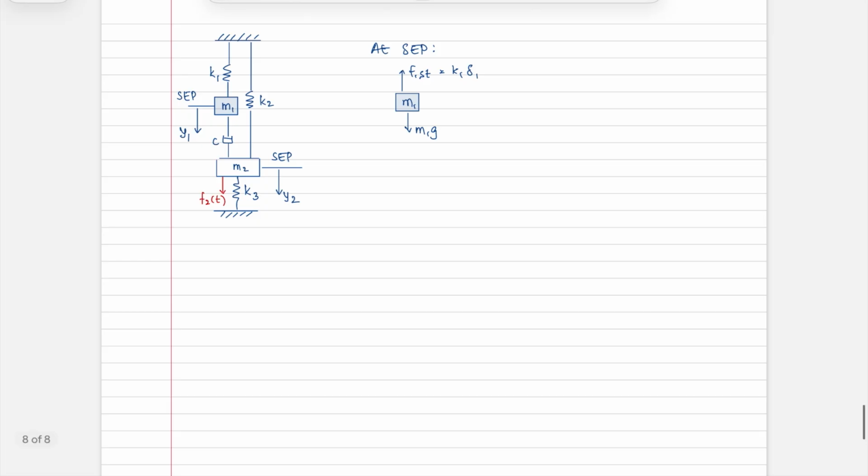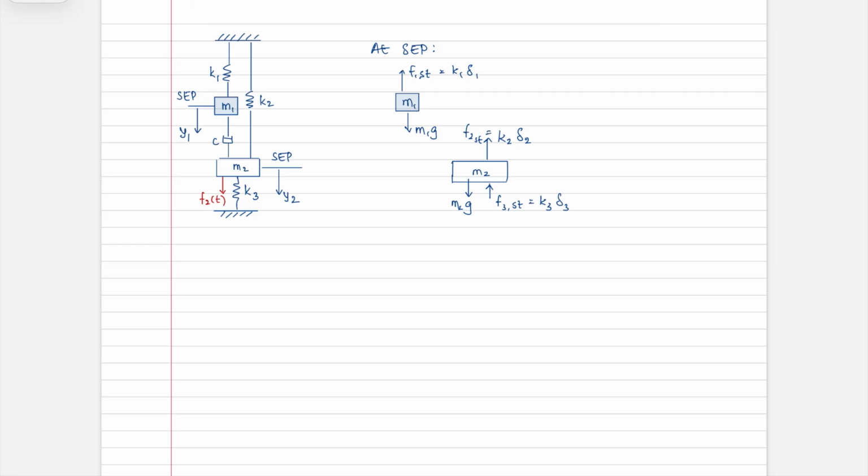For this mass here, that's M2, you have gravitational force downward of M2g. Then upward you have F3 static, which is equal to K3 delta 3. And upward again, you have K2 delta 2, which is F2 static.